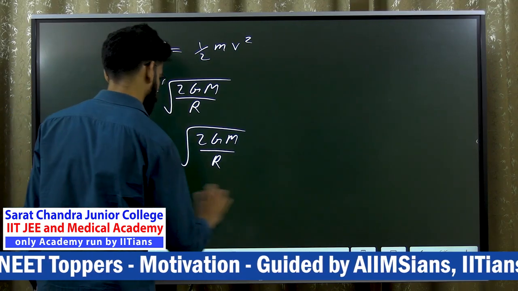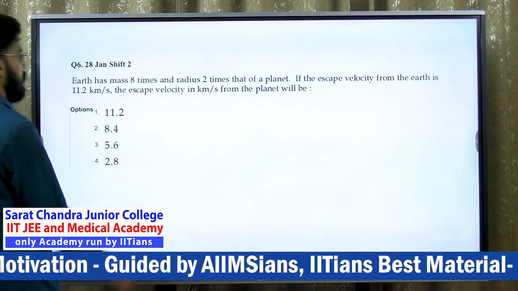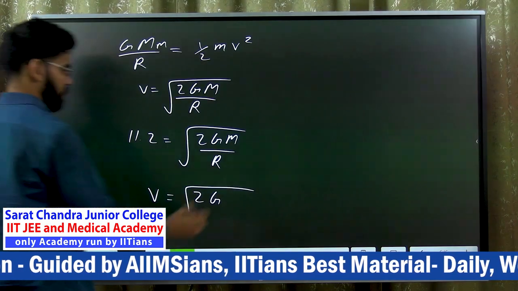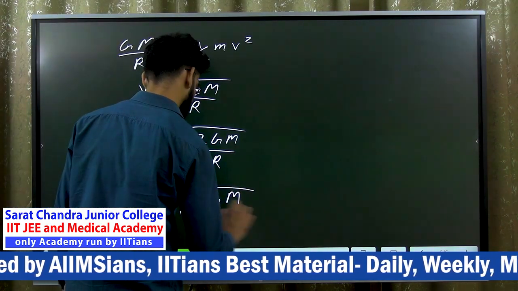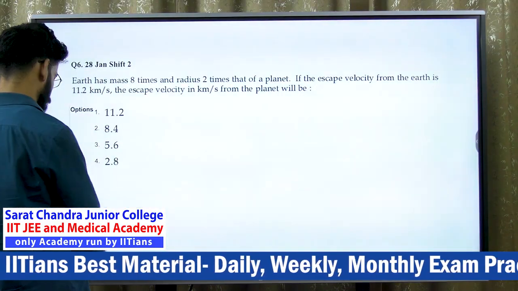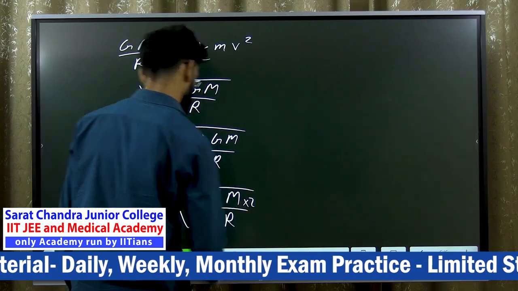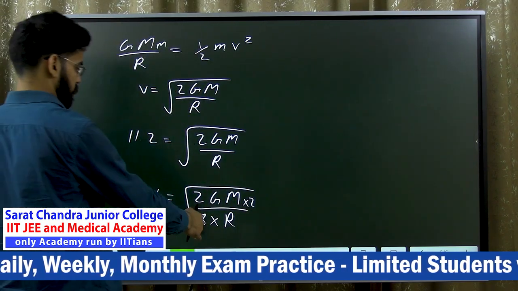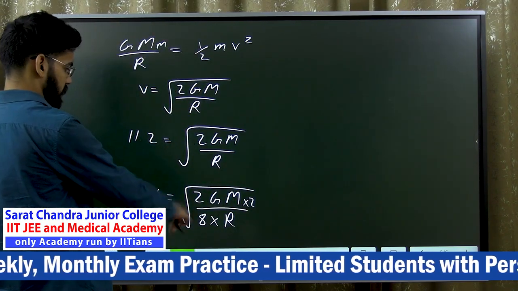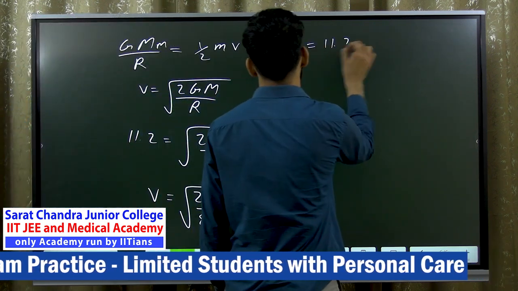So V is equal to under root 2, G is a constant, mass is what? Mass he said 1/8, so mass is M by 8. Okay, 8 came down in the denominator, and radius is 2 times, so R by 2. Okay, so this is 4. So if we bring it out, it will be 1 by 2. So V will be 11.2 by 2.